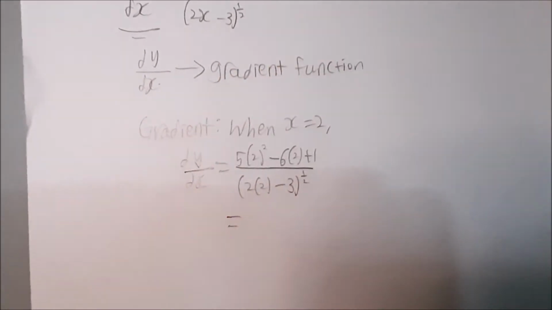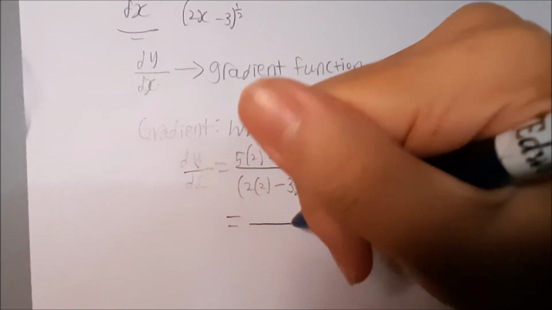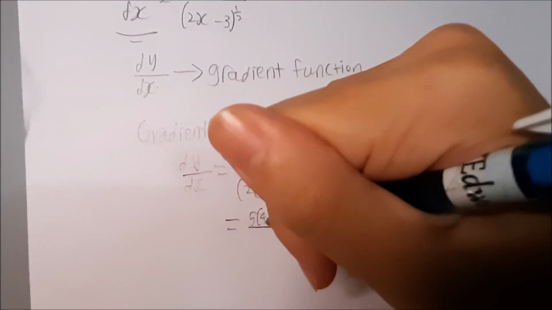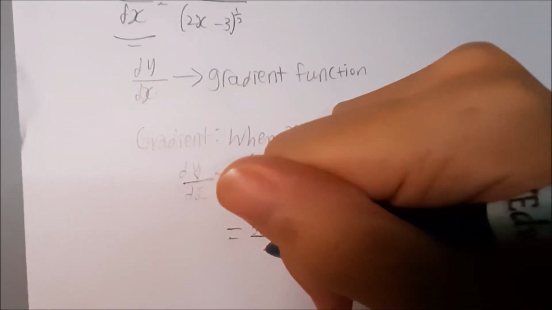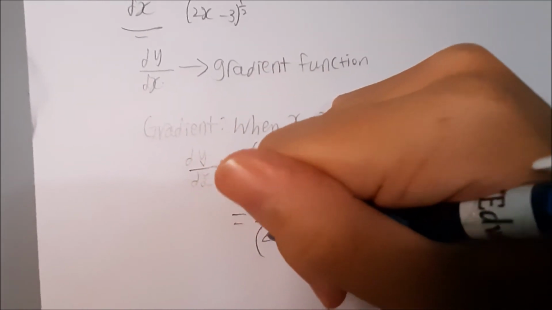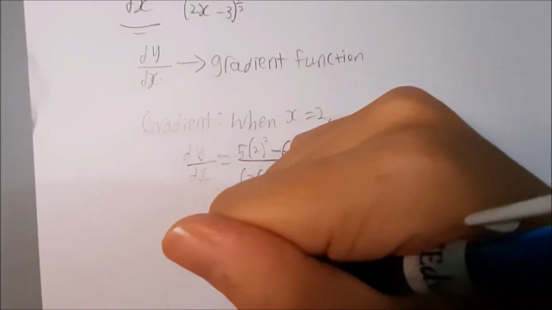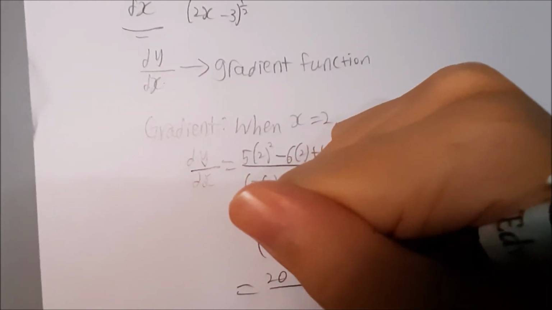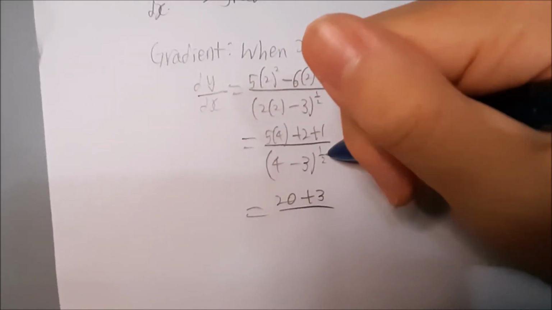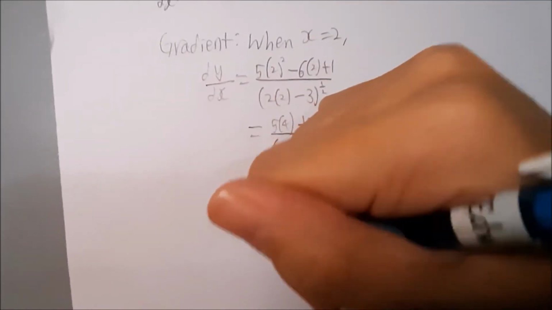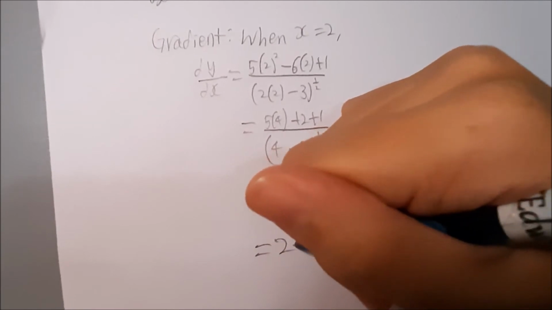And then from here, if you simplify this, you'll get 5 times 4 minus 12 plus 1, over (4 minus 3) to the power of half. And from here you'll get 20 plus 3, 4 minus 3 is 1, and 1 to the power of half. And now you'll get just 23.